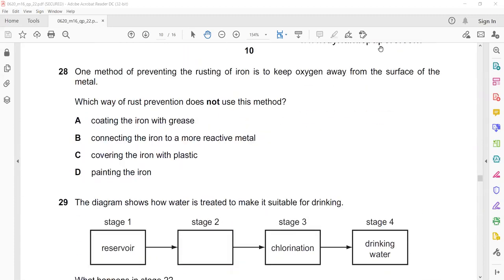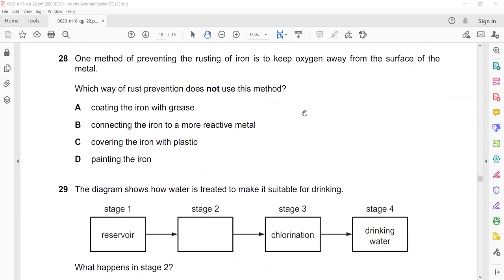Question 28. One method of preventing rusting of iron is to keep oxygen away from the surface of the metal. Which way of rust prevention does not use this method?